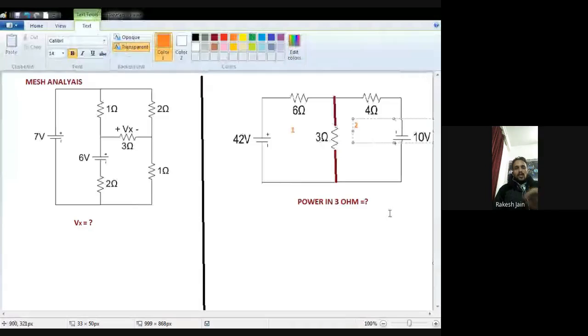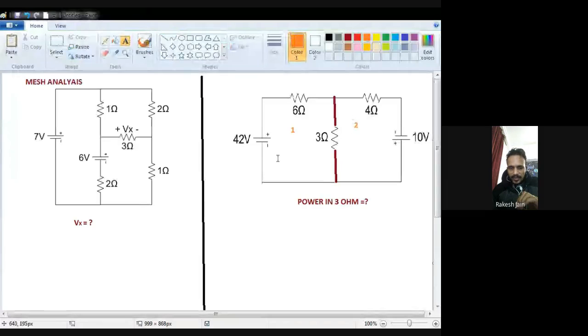Once you determine the number of closed paths in any circuit, draw a direction of current in each closed path, in each mesh, and mention the name of that current, I1, I2 and so on. But keep in mind, we should use the same direction of current in all the meshes, either clockwise or anti-clockwise.